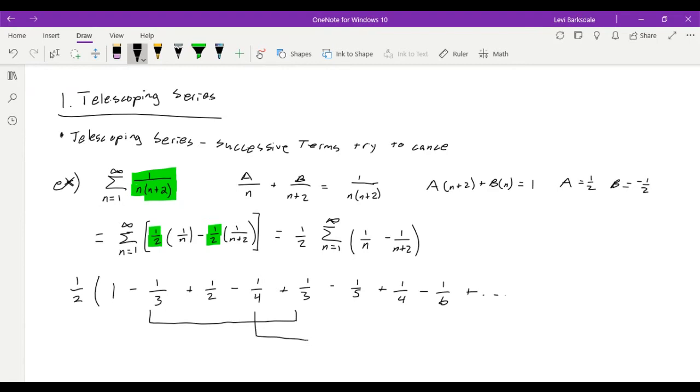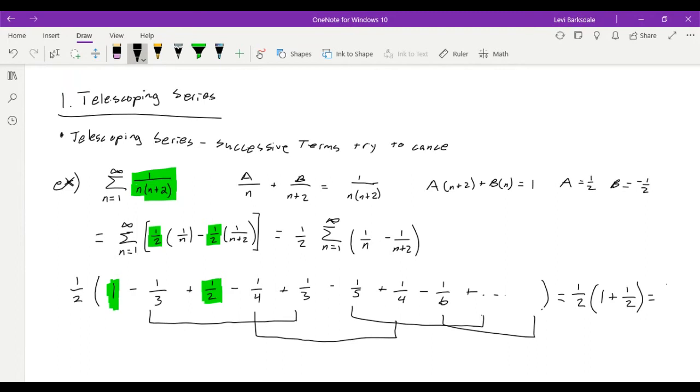Similarly, here we have a negative 1/4, and it'll cancel exactly with this positive 1/4. And it's not written, but we would also have a positive 1/5 to cancel with that 1/5, and a positive 1/6, and so on. So all the terms will end up canceling except for this one and this 1/2 right here. So we can say that this is exactly equal to the sum of 1/2 times 1 plus 1/2, which gives us 3/4 as our total sum.